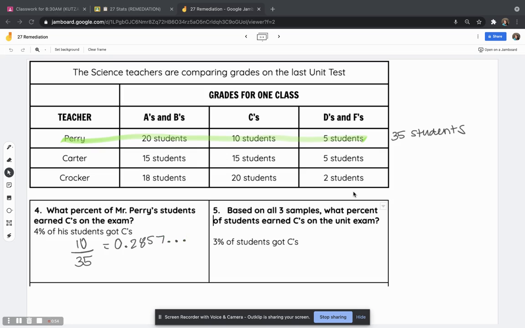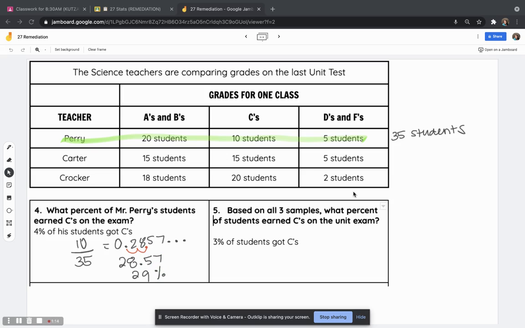And then to get that into a percent, I would move the decimal 2 places to the right, or you can multiply it by 100. So that would then turn into 28.57. So I'm going to round this to about 29%.